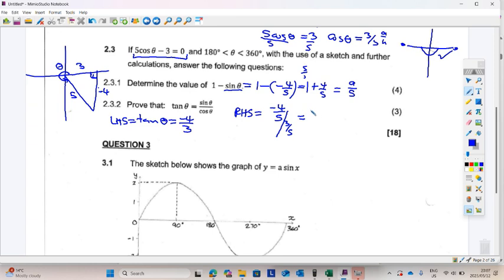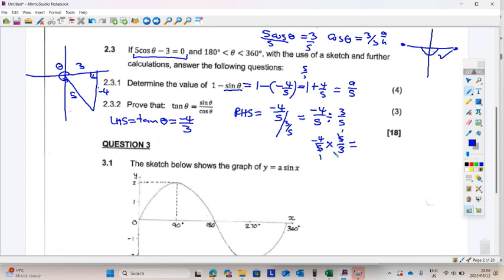Let's rewrite it as negative 4 over 5 divided by 3 over 5. Change this division to multiplication. Negative 4 over 5 multiplied by, when you change this to multiplication, it becomes 5 over 3. And then the 5 and the 5 will cancel each other.